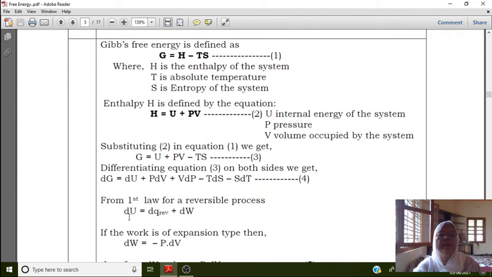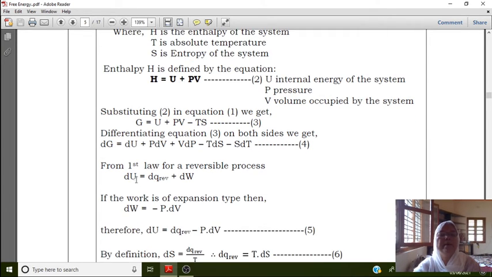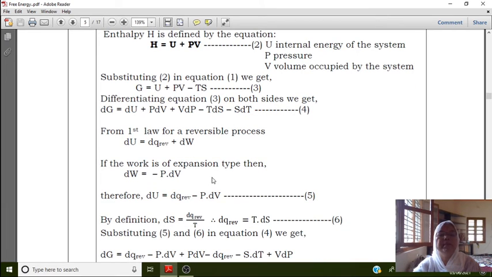Again, from the first law of thermodynamics, for a reversible process, we can write the internal energy dU equal to dq reversible plus dw. If the work is of expansion type, then we replace dw equal to minus P dV.